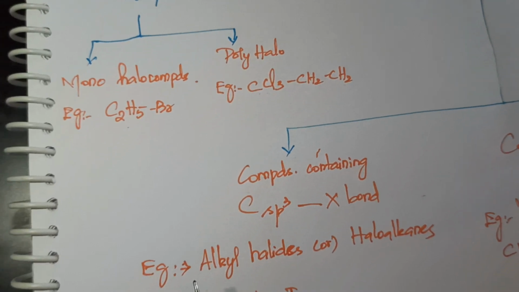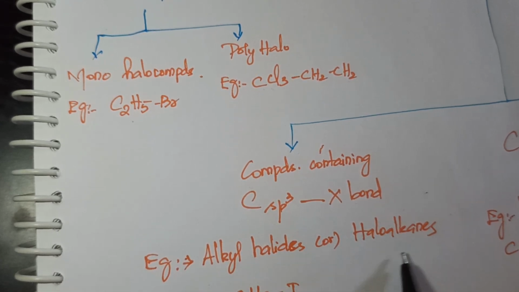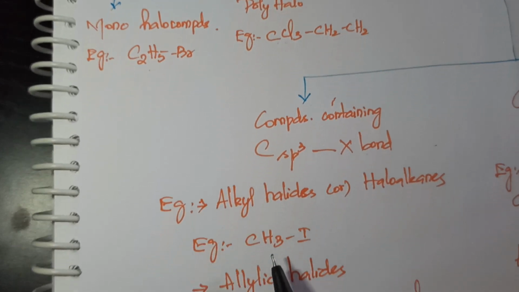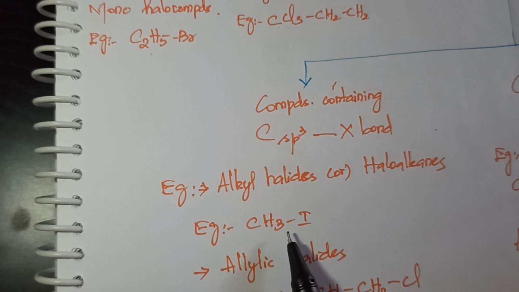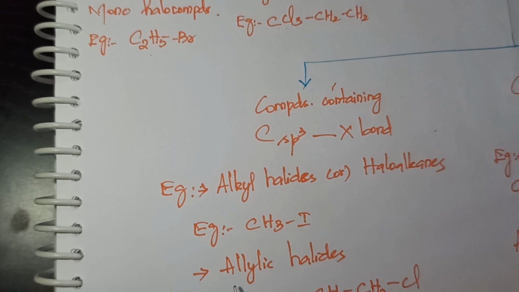The first one is alkyl halides or haloalkanes. In this chapter we focus on haloalkanes, also called alkyl halides. The example is CH3I, called iodomethane or methyl iodide. The next compound is allylic halides.